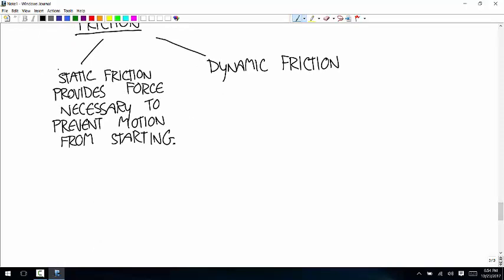Dynamic friction then is, eventually, it's not an unlimited amount of force that static friction can apply. And if I push a little bit harder than I was before, it starts to move. And then you're in the dynamic case where I'm applying a force to this. Think about it like this.